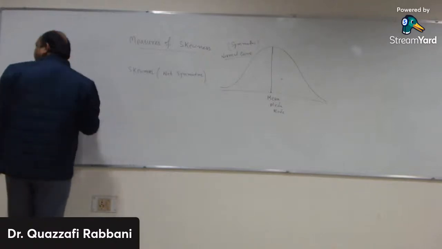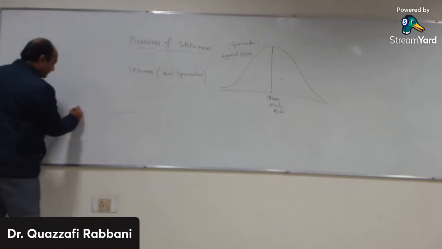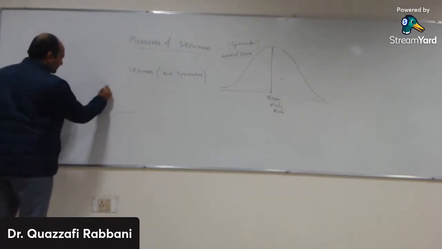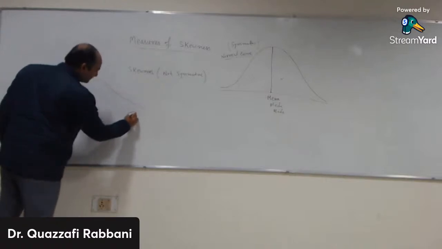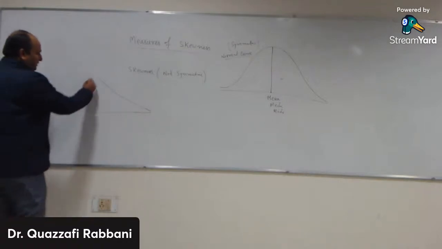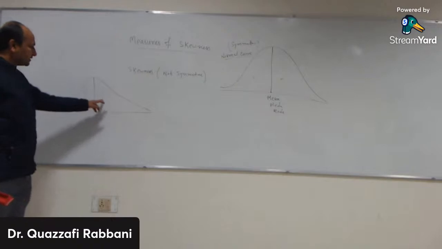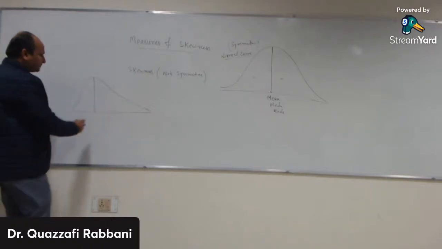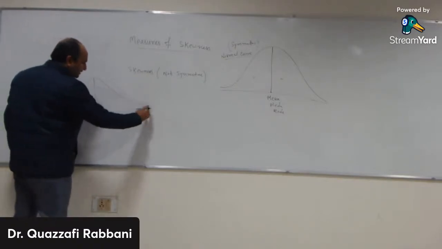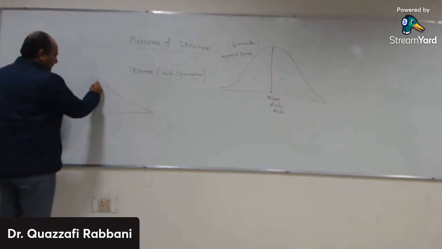So if we have a curve like this, here this side and this side are not identical, and on the right side there is a long tail.